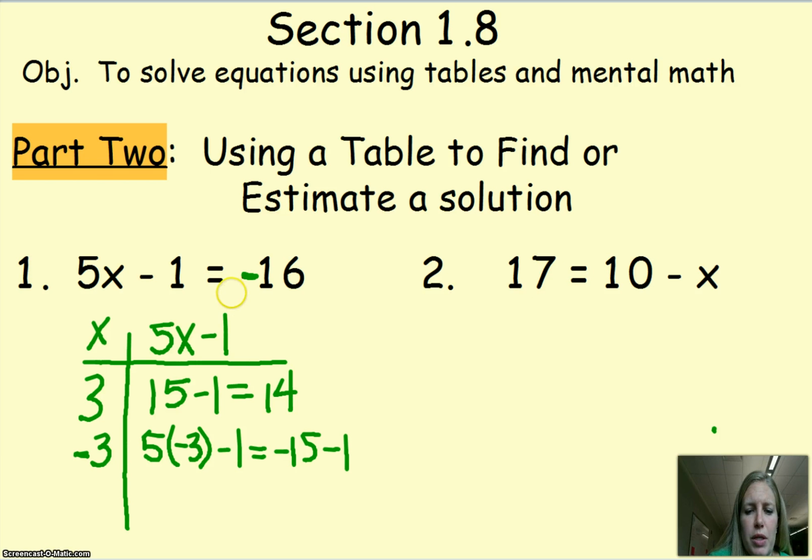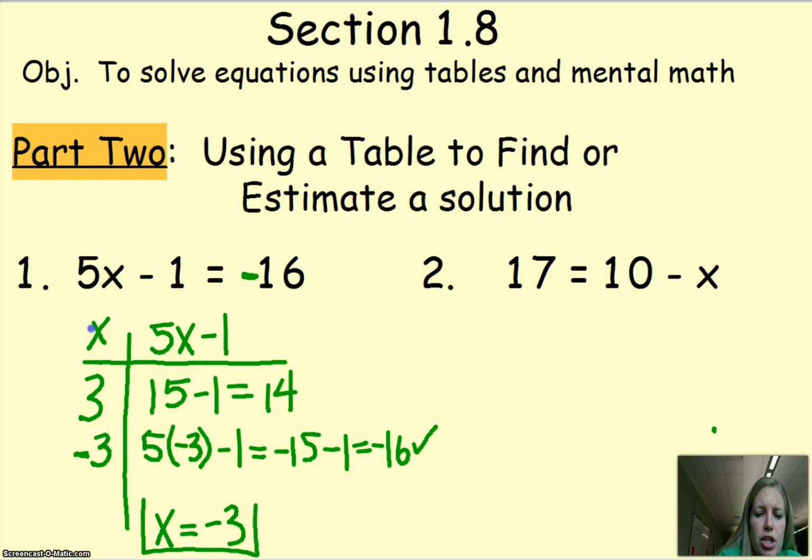Negative 15 minus 1 equals negative 16. I happen to guess right. Okay, but you're going to use your table to kind of figure out how to get to the answer. Okay, so our answer is x equals negative 3. And you want to use strategy, like I did in the first one: oh, I need a negative number to get that negative answer.